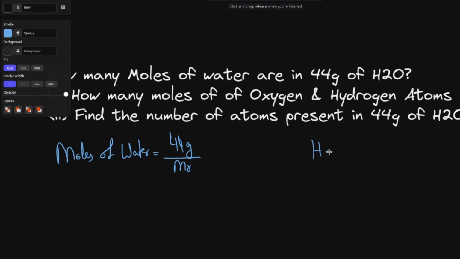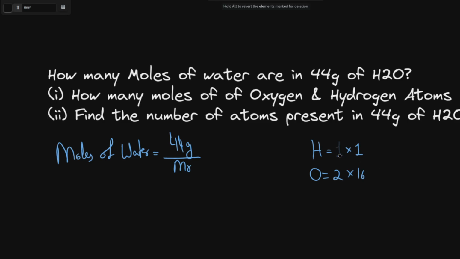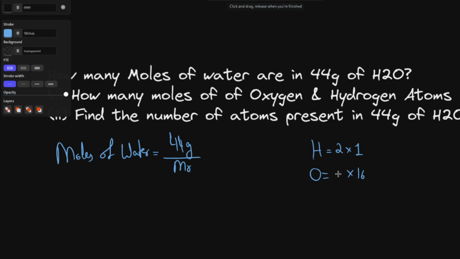So we have one hydrogen and we have two oxygen. The mass of a hydrogen is 1 and the mass of an oxygen is 16. Oh sorry, we have two hydrogen and one oxygen. Now this is correct, and we will get two atomic mass units coming from the two hydrogens and 16 atomic mass units from the one oxygen.